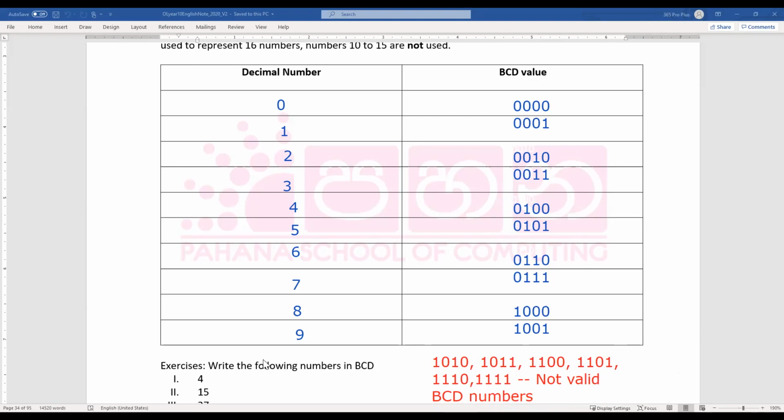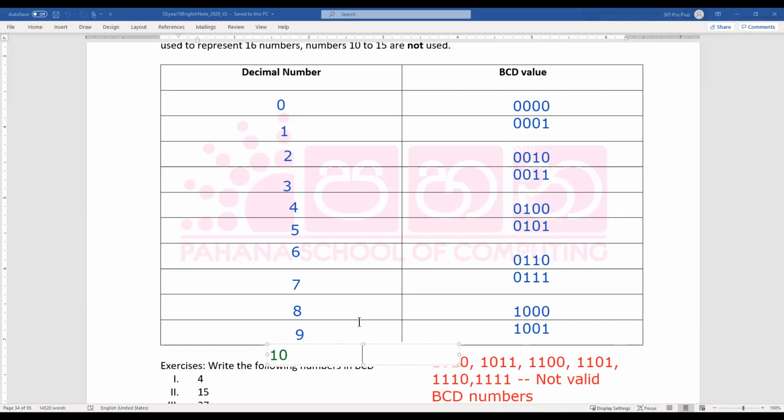Now, for example, let's say you want to represent 10. How do you represent 10? There is no such thing as 1010.